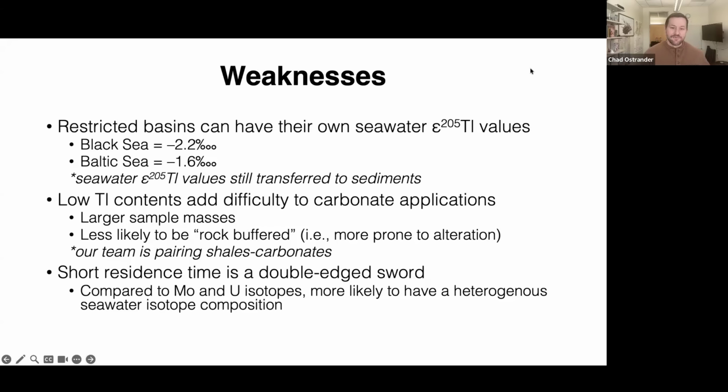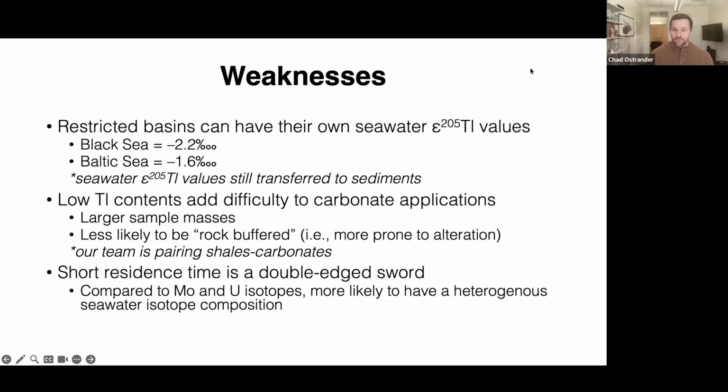The short residence time of thallium is a double-edged sword. The short residence time allows us to capture really rapid timeframes of global redox change, but at the same time, it's more likely that the seawater thallium residence time at some times in the past could have been shorter than the ocean mixing time, and that would lead to a heterogeneous distribution of thallium in the ocean.